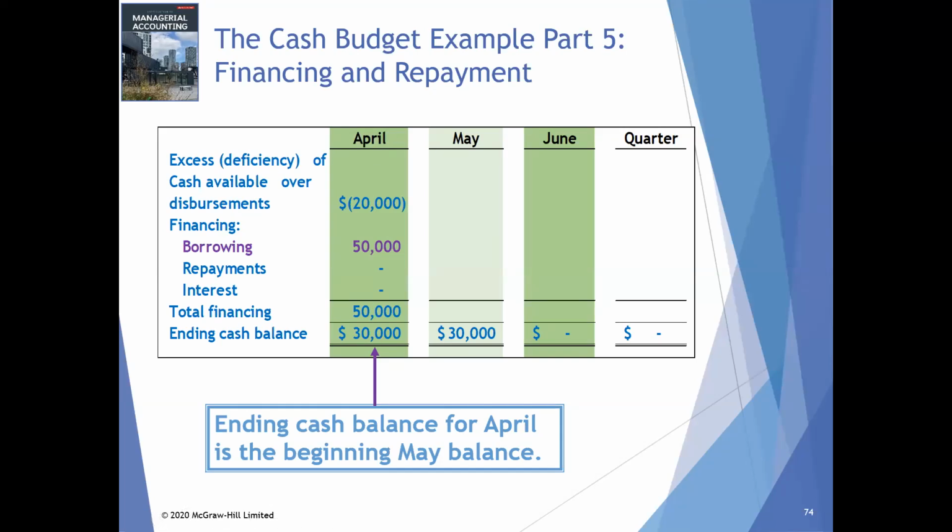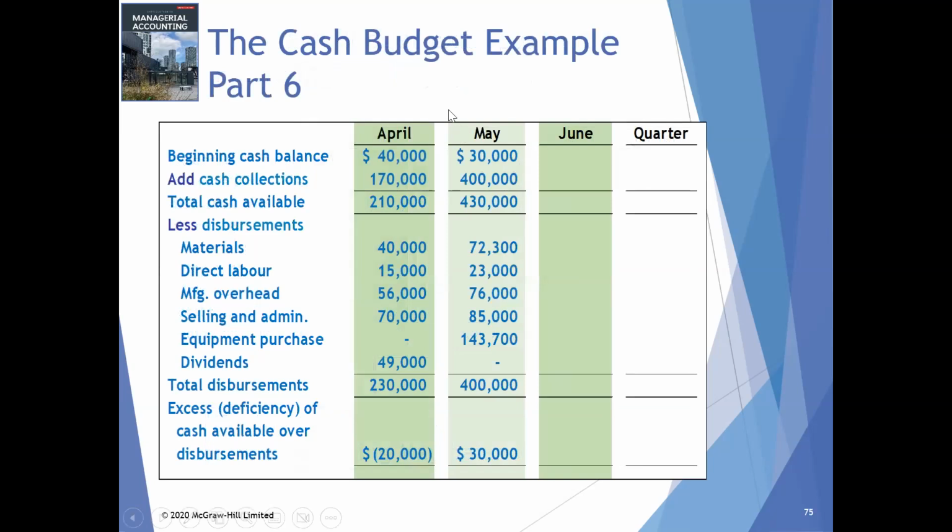This is what we have calculated for the cash available at the end of the period. Total financing is 50,000 and ending cash balance is 30,000, which is the requirement, and we have a plan for this.